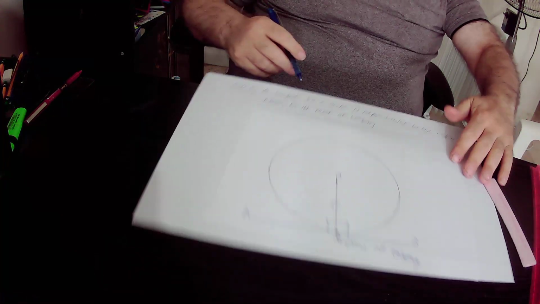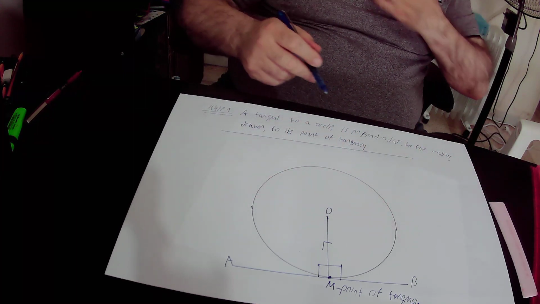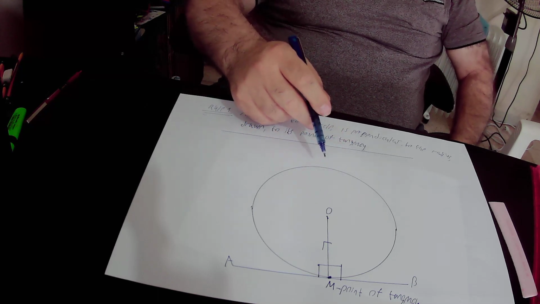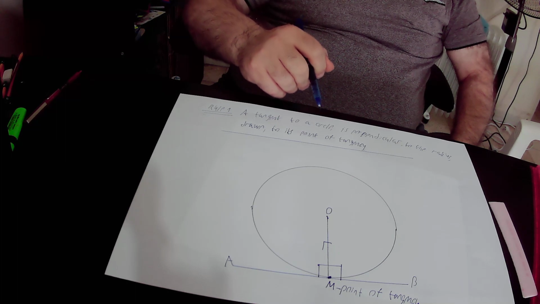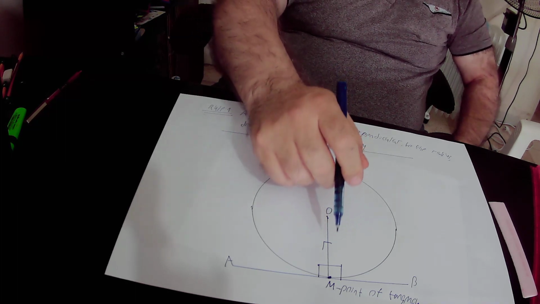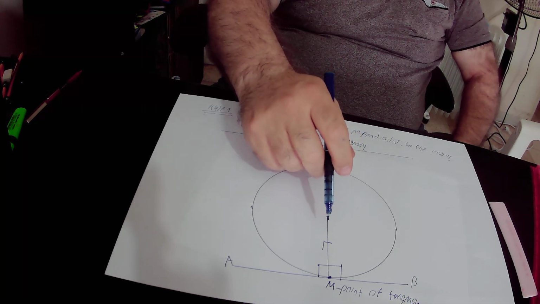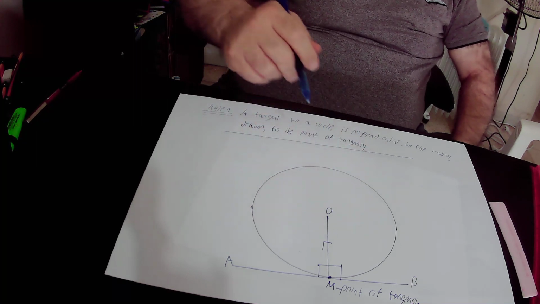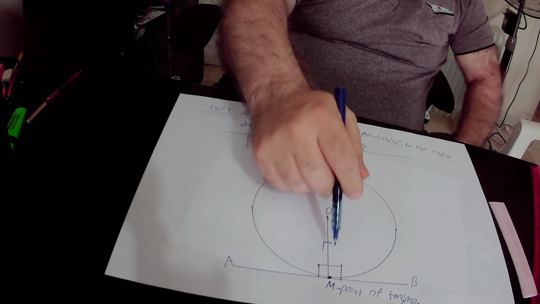Again, a tangent to a circle, that is to say tangent AB, is perpendicular to the radius OM. Which radius OM? The radius OM that is drawn to the point of tangency. Because the radius OM is drawn to point M, that is the point of tangency of tangent AB with this circle, then the tangent AB will be perpendicular to the radius MO.